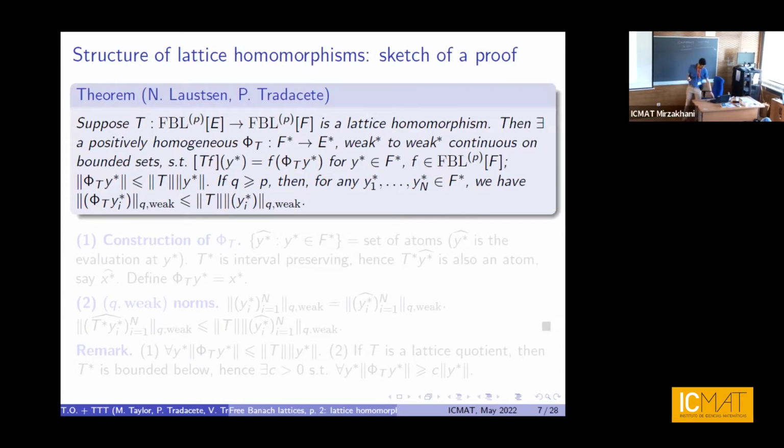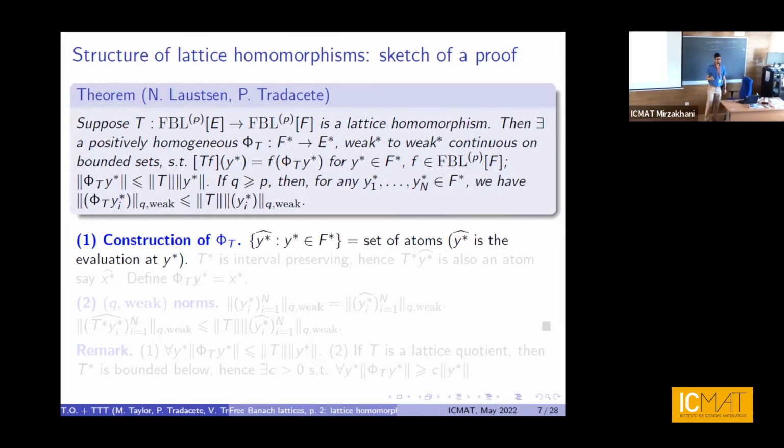And well, let me at least give you an idea of how this is proven. So first of all, where does the map phi_T come from? Well, you look at the operator T star, which will go from the dual of one free Banach lattice to the dual of the other, and T itself is a lattice homomorphism. Therefore, its adjoint T star will be interval preserving, and in particular, it will map atoms to atoms.